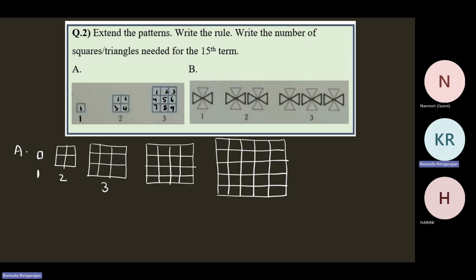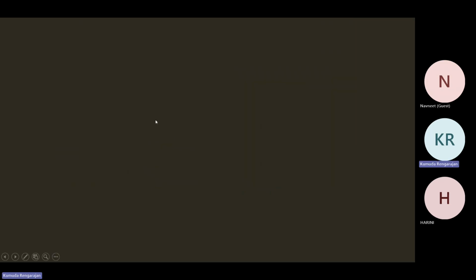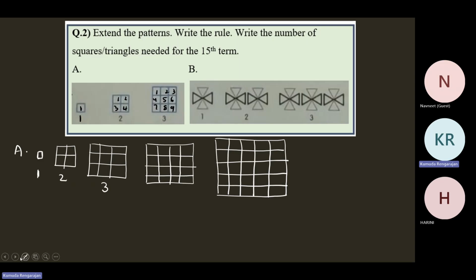For 2, there are 4 squares, because 2 square is 4. For 3, there are 9 squares, because 3 square means 3 into 3 is 9. That means from this pattern, we understand that the 4th term will have 4 into 4, 16 squares. The 5th term will have 5 into 5, 25 squares.